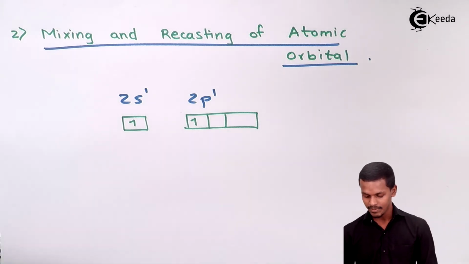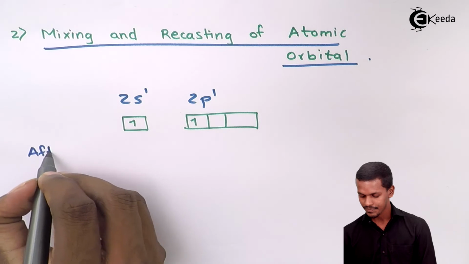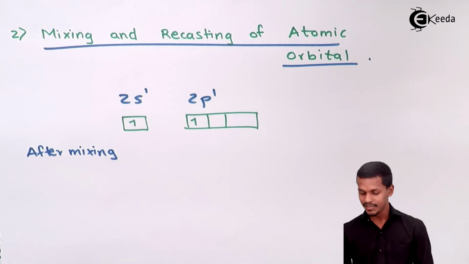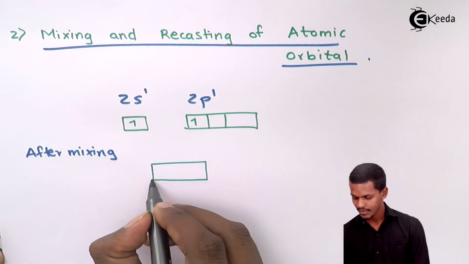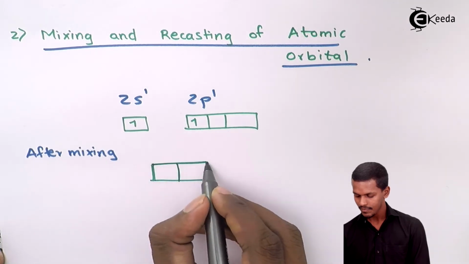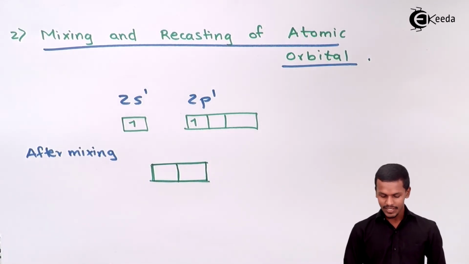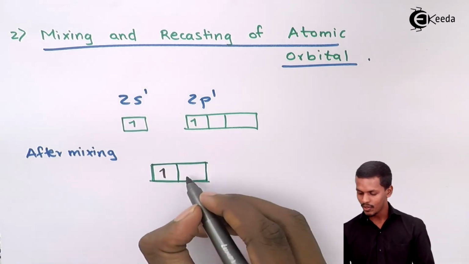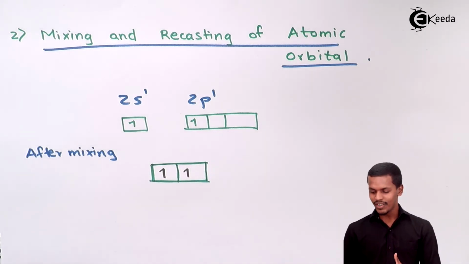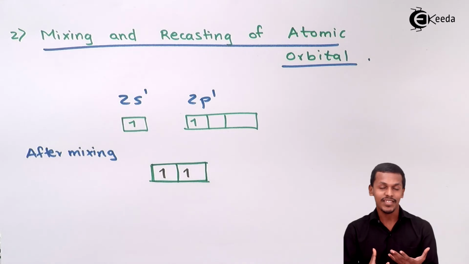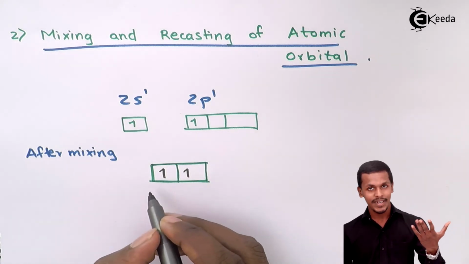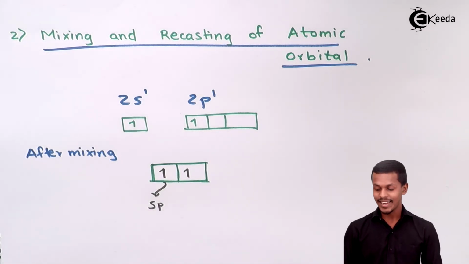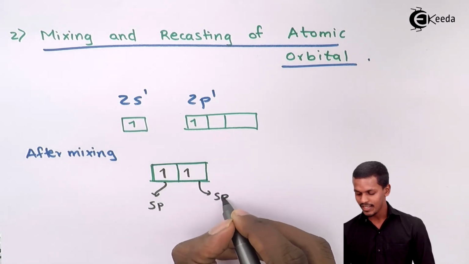After mixing, I'll get two hybrid orbitals, in which one electron is of 2s and one electron is of 2p. We can't say exactly which electron is of which, because they have now been mixed, and that is the reason that this orbital will be called an sp hybrid orbital, and here also it will be called an sp hybrid orbital.